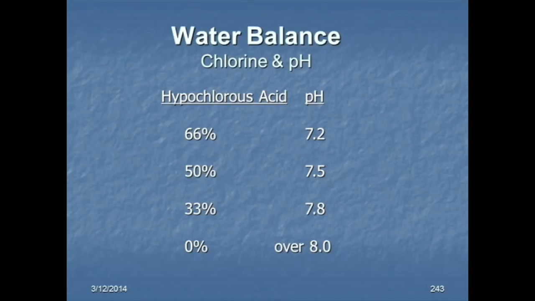At a pH of 7.8, though, 2/3 of my gallon of bleach is going to be converted into the lazy cousin, the hypochlorite ion form of chlorine. Only 1/3 of that gallon of bleach is actually going to be able to kill germs. My test kit says 5, which is a great number, whether it's at 7.2 or 7.8 or even higher at 8.0. But what my test kit can't tell me is that it's converted into that hypochlorite ion, and I'm essentially getting no germ kill whatsoever.